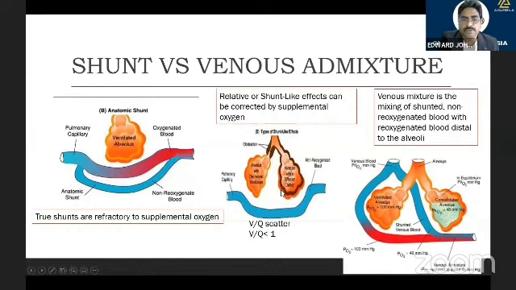It is perfused but not ventilated, or it is ventilated but not perfused. So the pathology may be in the capillaries, or in the alveoli. It is perfused, but the VQ ratio is less than 1. It is called relative shunt, and this will respond to your oxygen therapy. So what is venous admixture? Venous admixture is when the shunted blood and the oxygenated blood mix with each other beyond the alveoli. That place is called venous admixture.